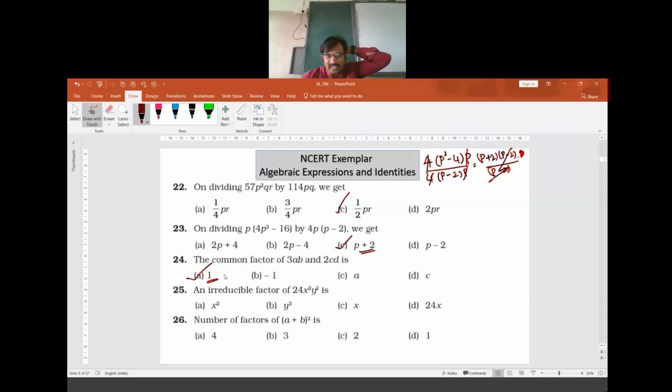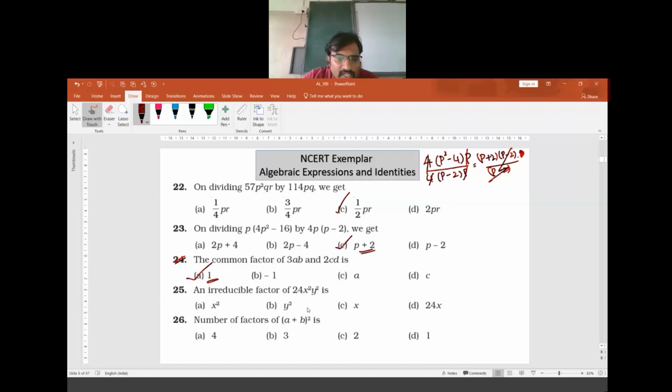So answer 1 I will consider, minus 1 I will not take. In the examination, if you are writing both, I will give marks, thinking that you know that negative terms also can be factors. And this question is ambiguous, it will not be asked.